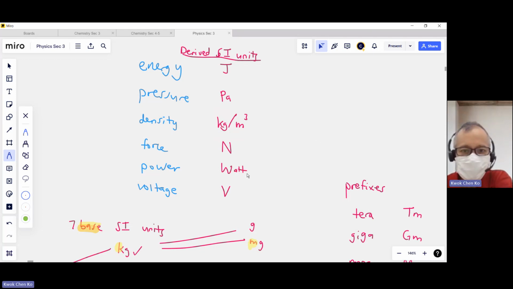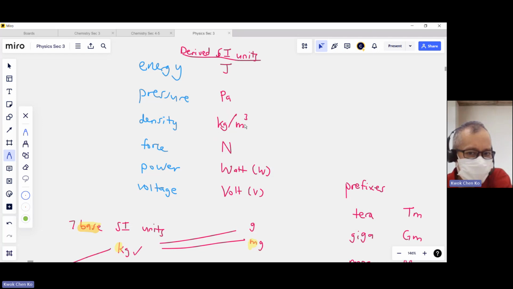Okay, let me spell it out for some of them. But you may want to ask, why are they called derived units? I won't go through every single one. Let's just take a look at the simple one called density.